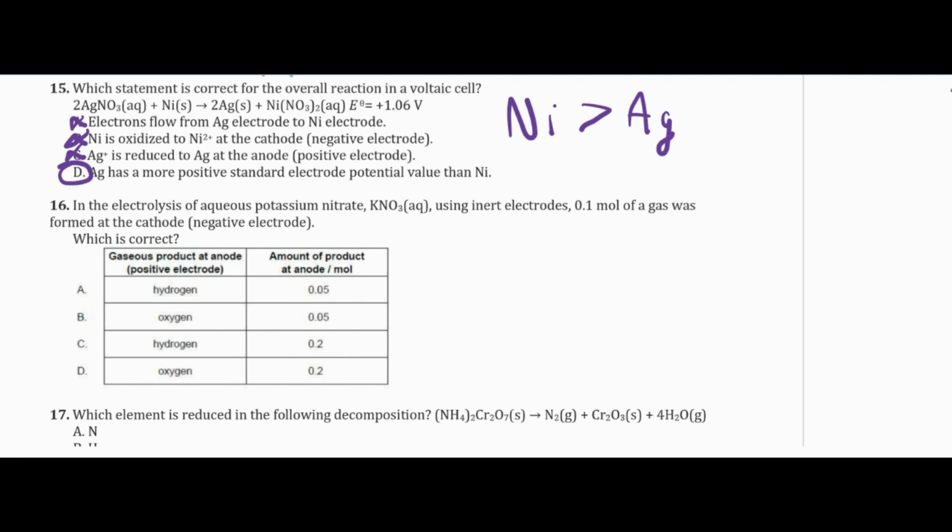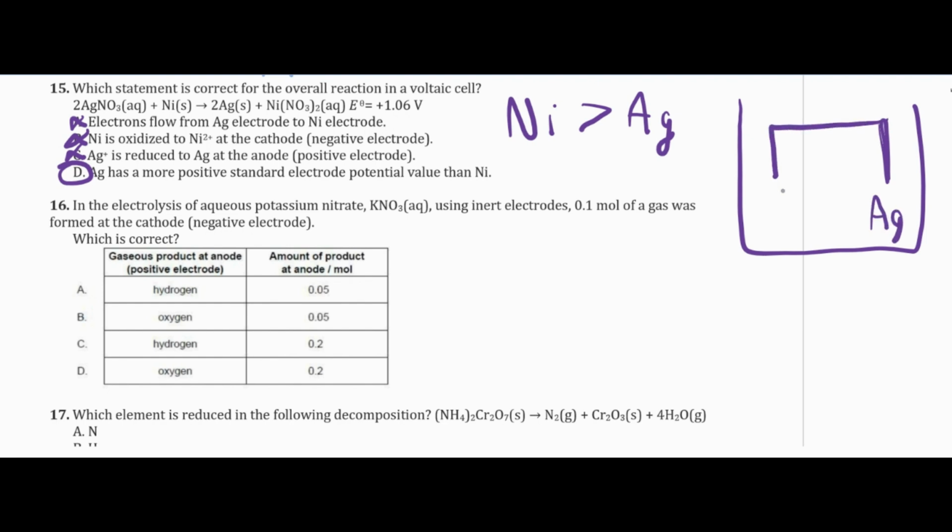Silver has a more positive standard electrode potential value than nickel. Well, that would make silver more of an oxidizing agent, which is itself reduced, and that makes sense. Because what we'd have is, let that be silver and that nickel.